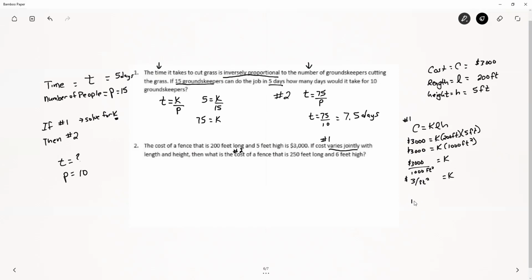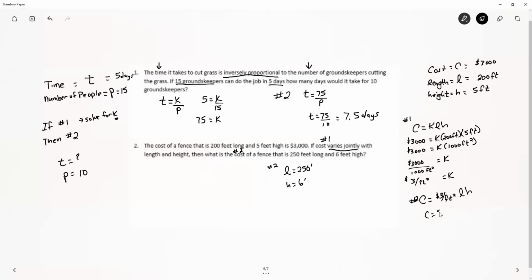So now our new formula is C is equal to, because we've already solved for K, $3 per square foot times my length and my height. All right, so here's the second part. What is the cost of a fence where my length is 250 feet and the height is 6 feet? So this is part 2.